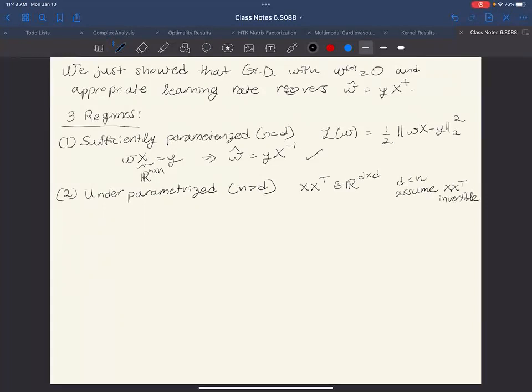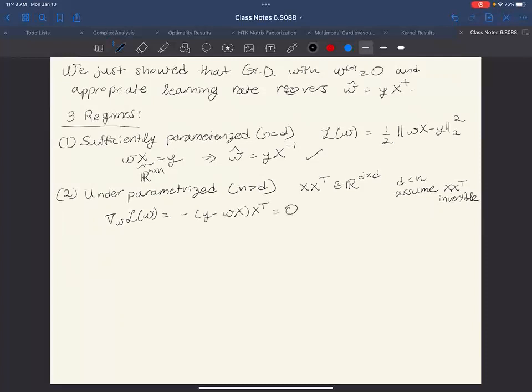In this case, we can use some calculus from elementary calc 1 or calc 2 to figure out what a solution is. We want to find a minimum of some function. How do you find a minimum? You know the gradient has to be 0 at this minimum. So what you would do is just compute the gradient of the loss, which we wrote down before, negative y minus w x times x transpose.